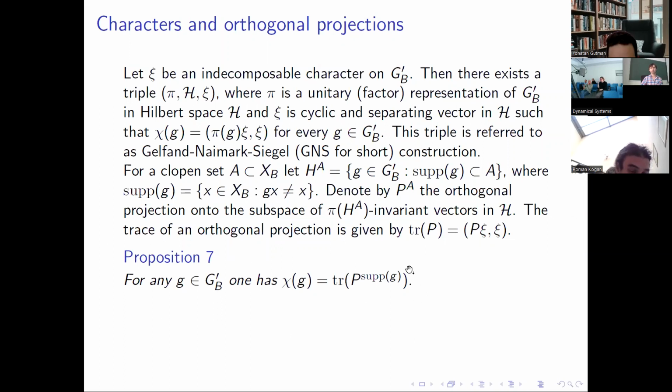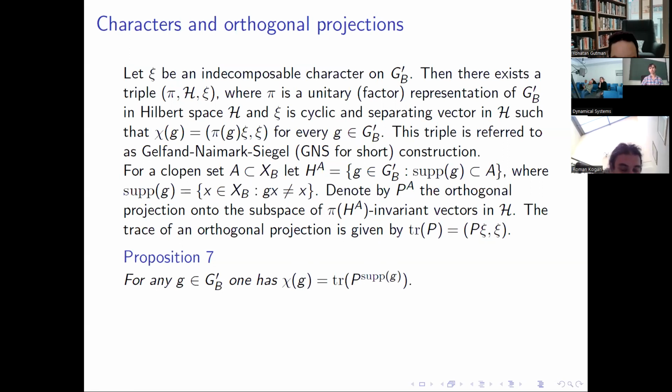One of the key statements in our proof is that for any group element g, the value of the character on this element g is equal to the trace of the orthogonal projection P of the set support of g.